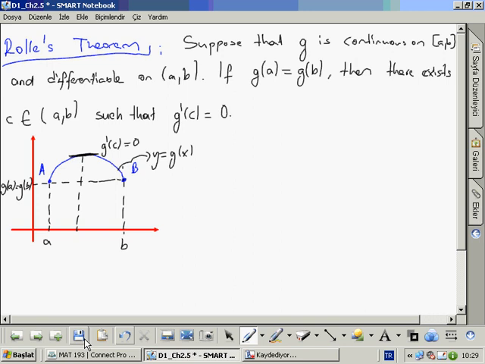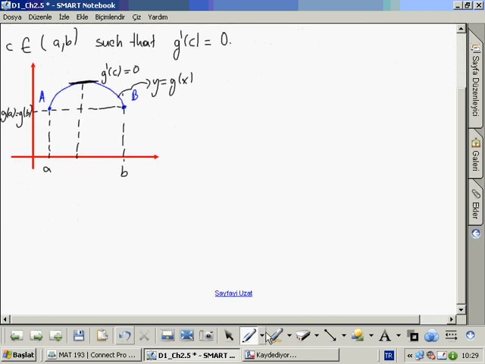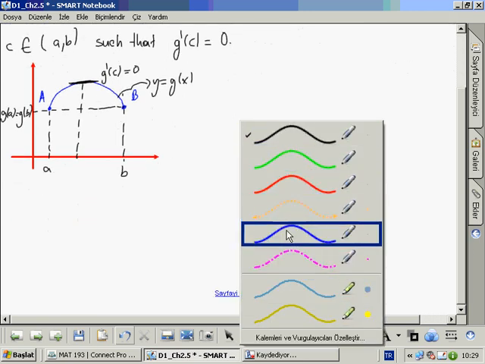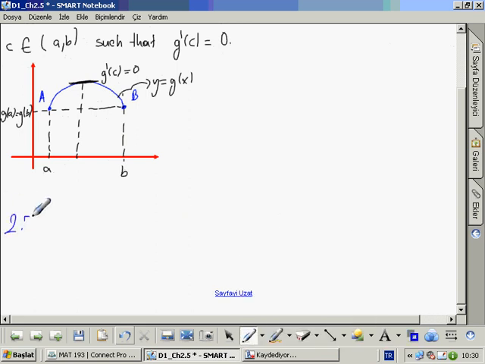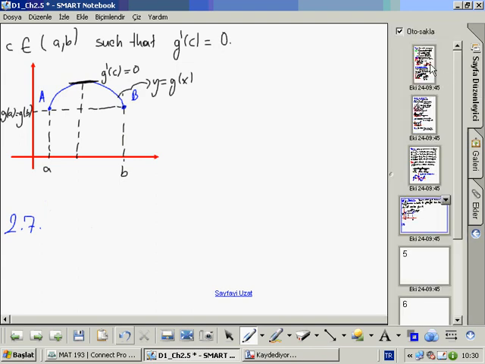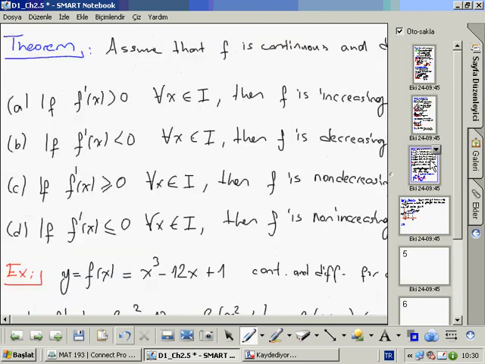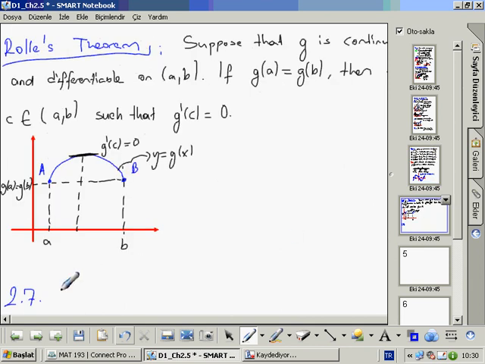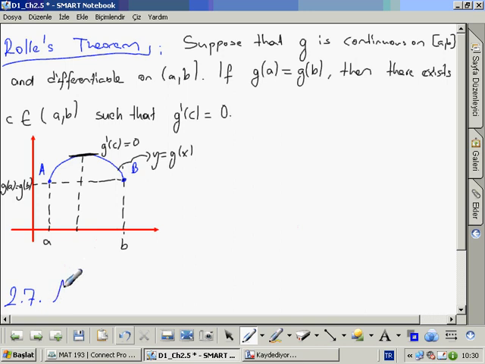And let me continue with 2.7, which is the applications of derivatives.